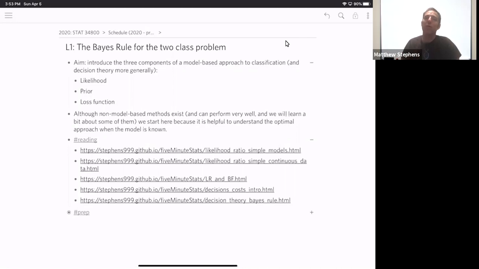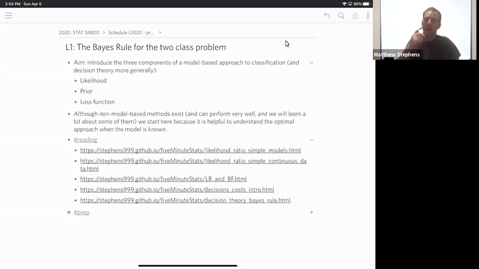What proportion of people who you're giving the test to are actually diseased? So that would be the prior part. And what's the relative costs of not treating someone who is actually diseased, or of treating someone who's actually healthy? So both those might be mistakes. And so that would be where the loss function comes in.